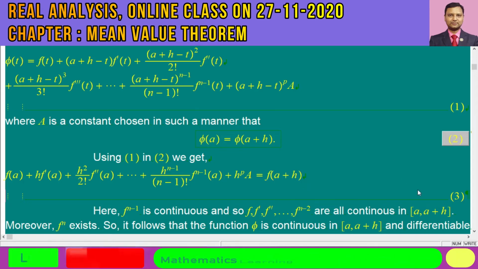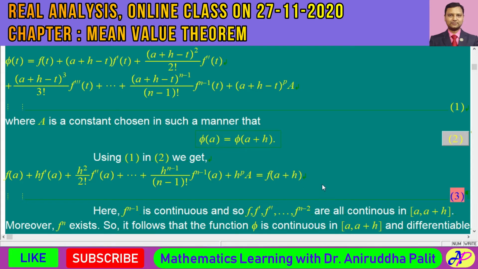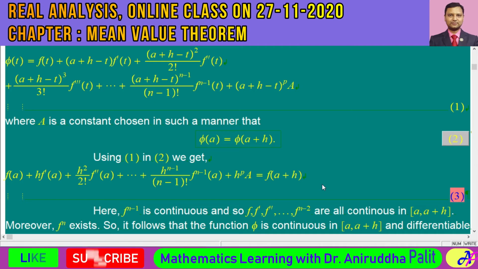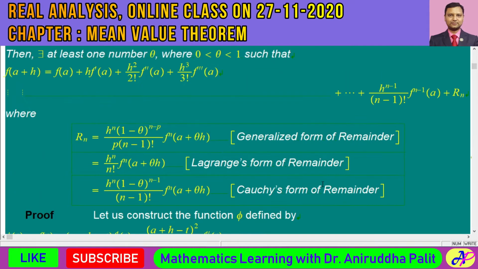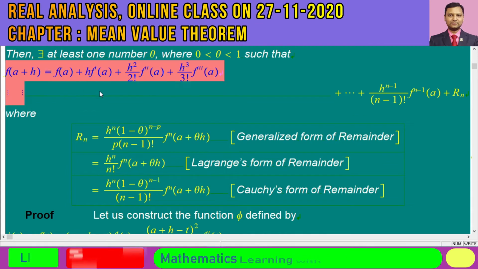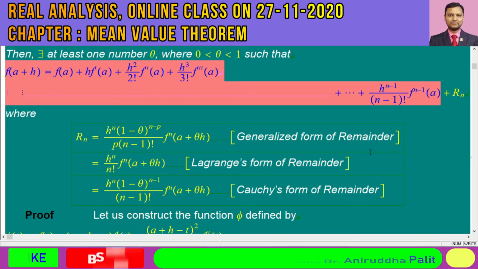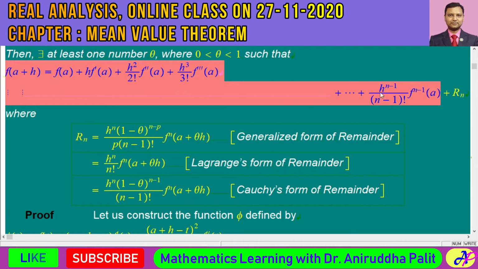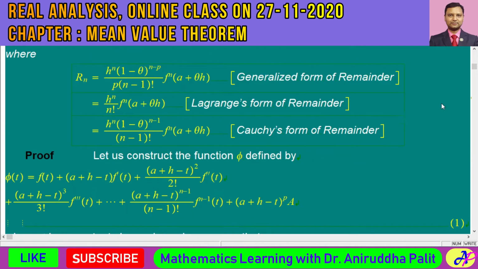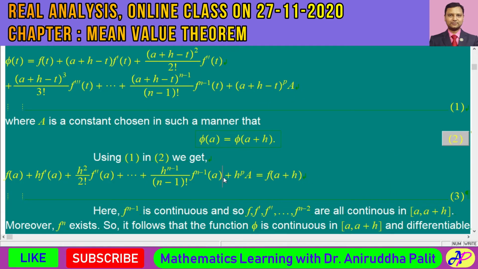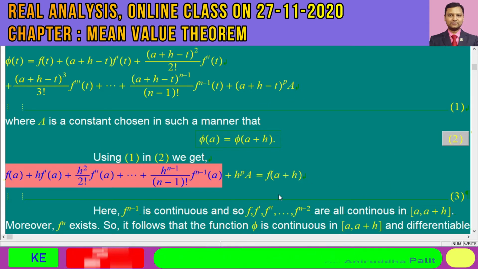We mark this result as equation number 3, and over here you can observe that this is the result we were trying to prove. At least this much you have already proved. If you compare this equation number 3, you have already proved this much along with this much.